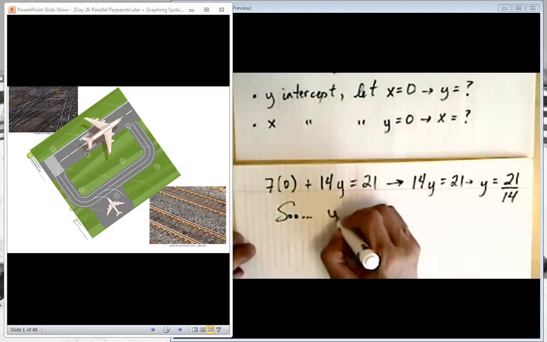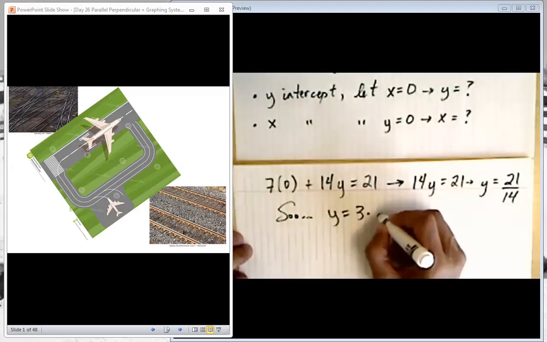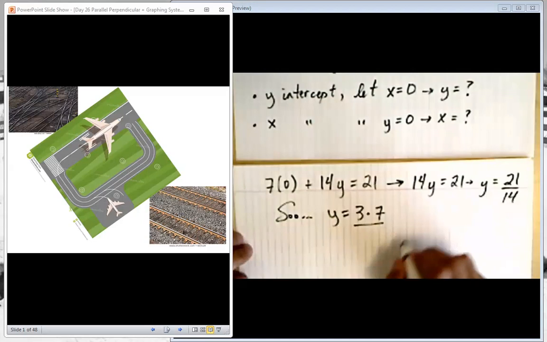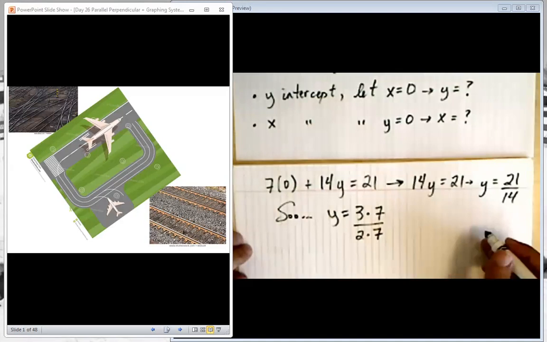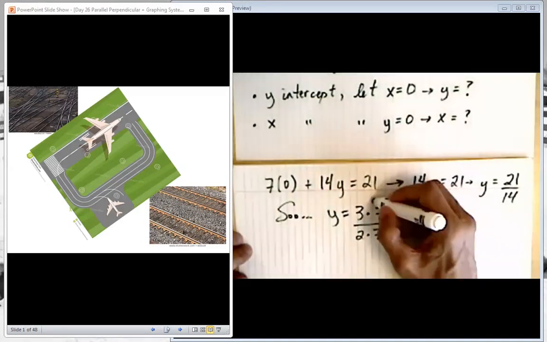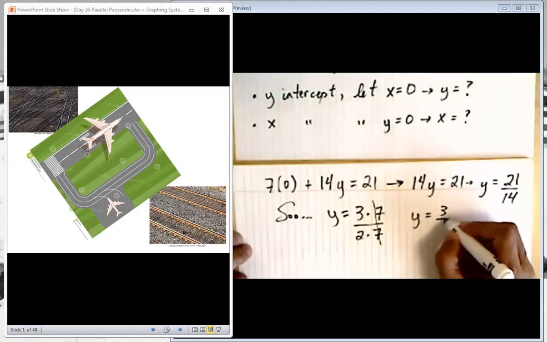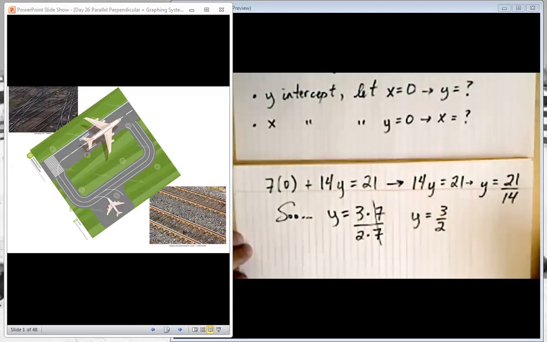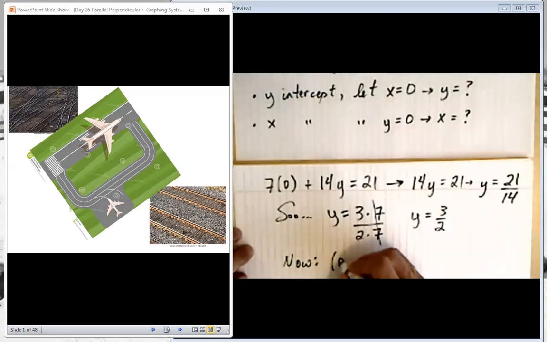We can go back to our first section: 21 is 3 times 7. What's 14? Yeah, 2 times 7. So those can divide out, and we get our value for y. Now what do we have? We have our y-intercept. We know it's going to be 0 and 3/2.